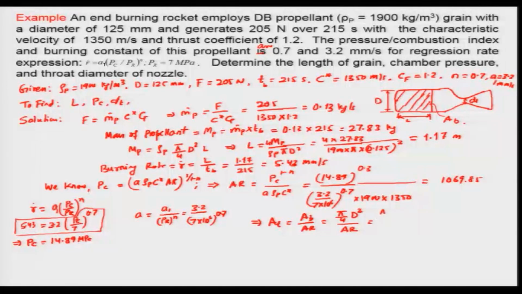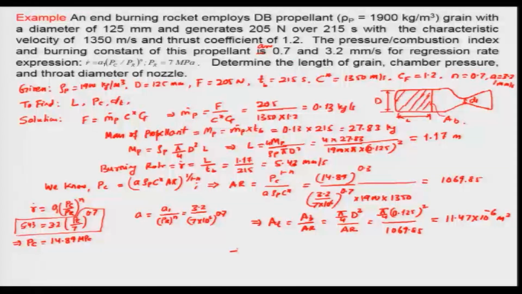I will get pi by 4, d is your 0.125 whole square divided by the area ratio 1069.85, and that is happening around something like 11.47 into 10 power minus 6 meter square.